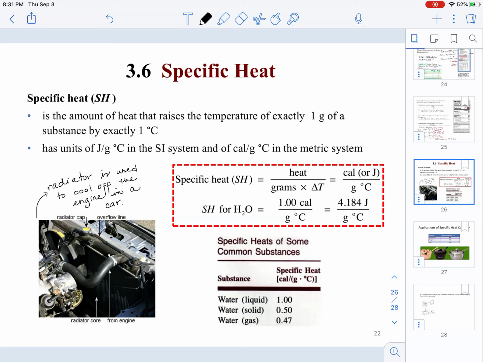Why is that? Well, if you compare water's specific heat to other substances, understand that water has a high specific heat.